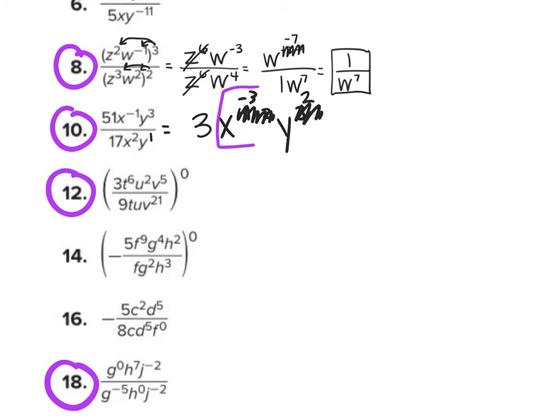Yeah, but the negative 3 goes with the x, right? So what's directly in front? Okay, so now the 3, if it's not a negative exponent, stays on top. So 3 will stay on top. What else will stay on top? Y to the second. And if I put this on bottom, what happens to the exponent? Positive.